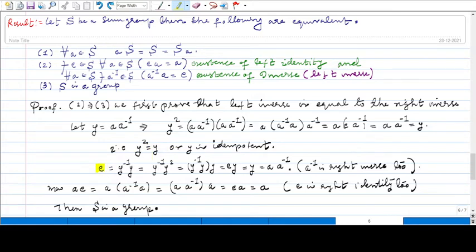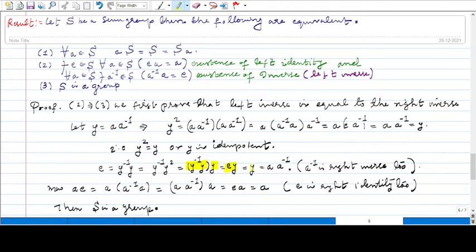Now we take e, using the left inverse property: y inverse y is equal to e. That is y inverse y squared, because I can replace, as I have already seen that y squared equals y. That is y inverse y times y, and using the left inverse property, I have e y.